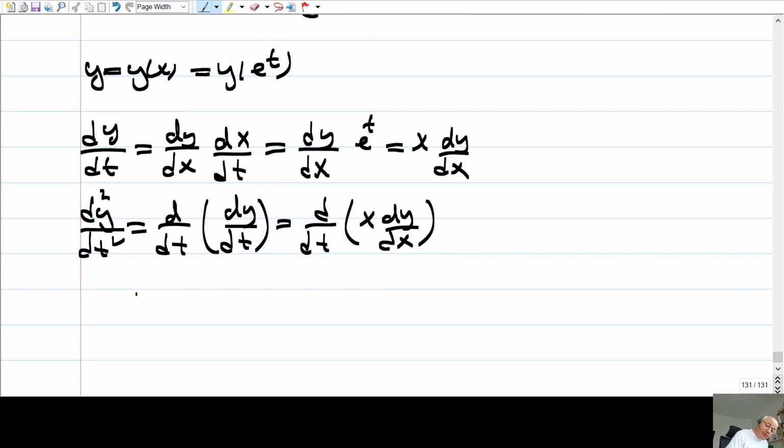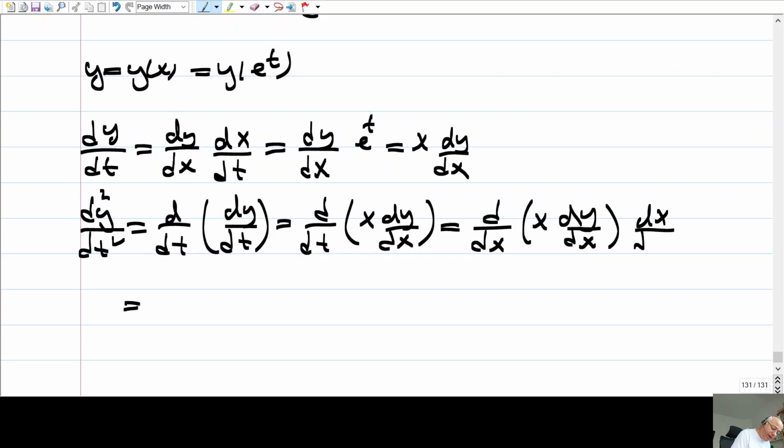And what is this derivative? Well, I can write this as follows. This is just the derivative with respect to x times the derivative of x with respect to t. Let me take the derivative of this expression with respect to x.